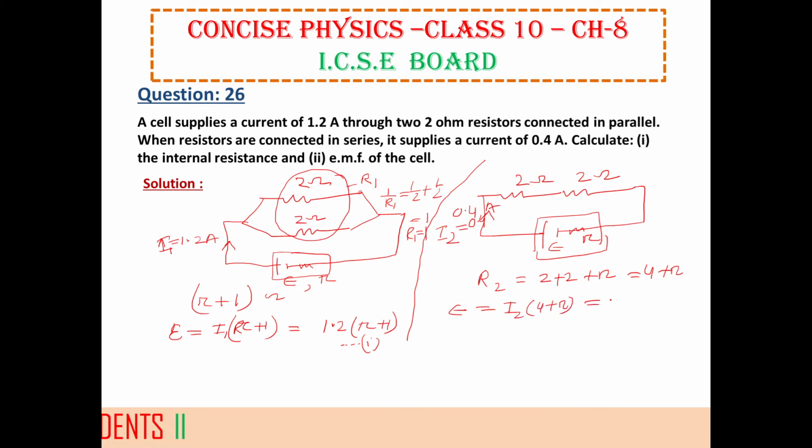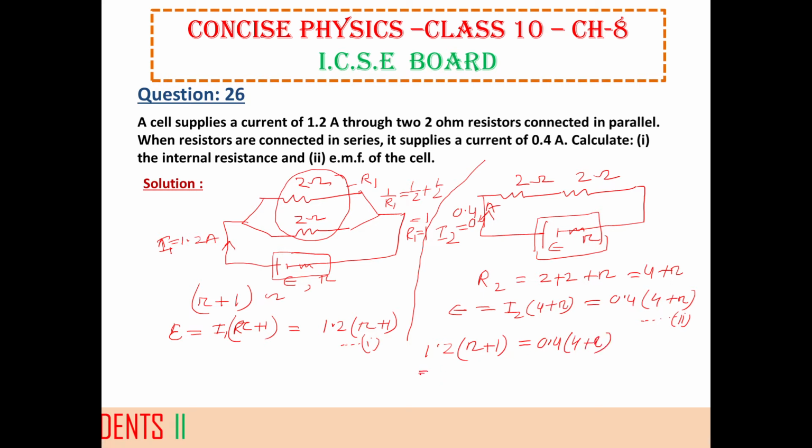I2 is given as 0.4 ampere, so 0.4 into 4 plus r. This is equation number 2. Comparing these two equations, we can write 1.2 into r plus 1 equals 0.4 into 4 plus r.